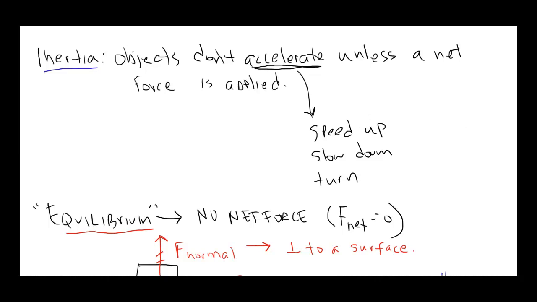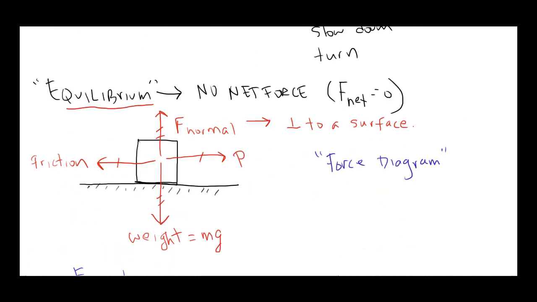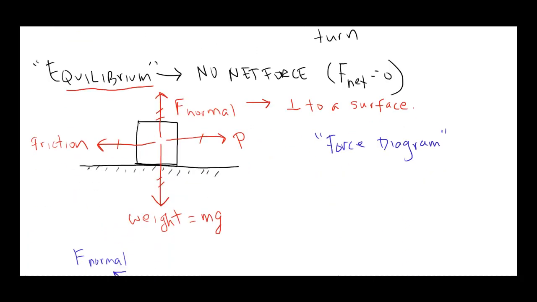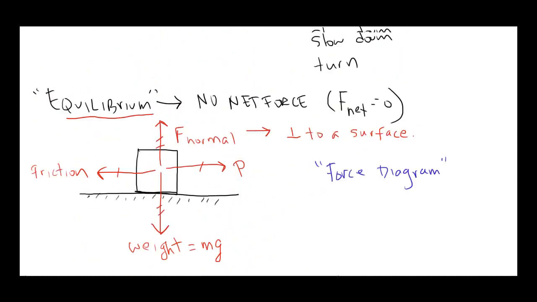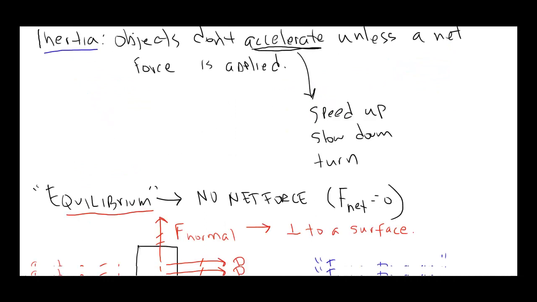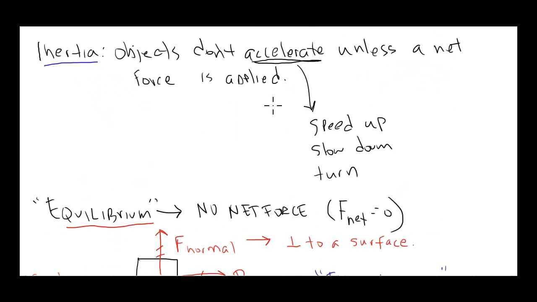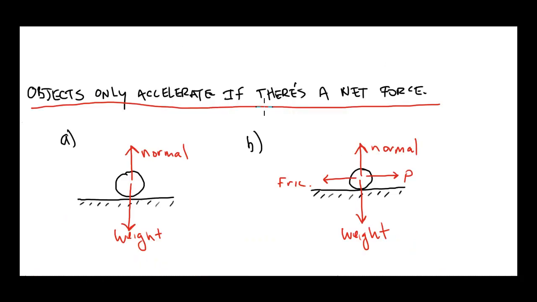To flesh that out a little bit more with this concept of equilibrium, we made a series of force diagrams. Drawing these force diagrams is a concept that we're going to delve into in greater detail in our next class. So hopefully that's helpful, and we'll practice this soon.